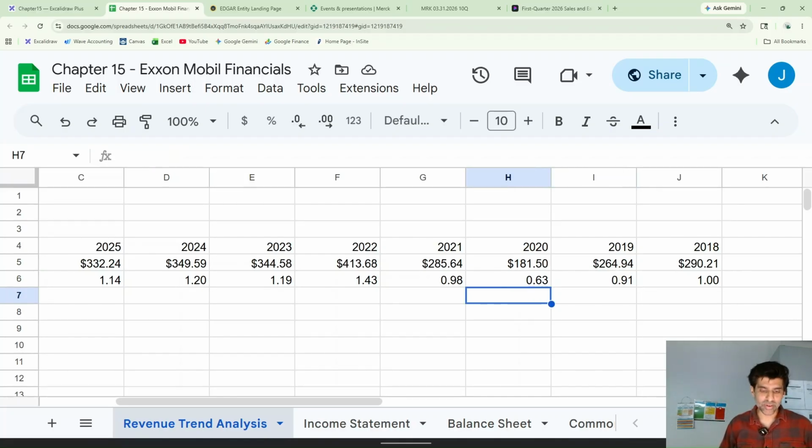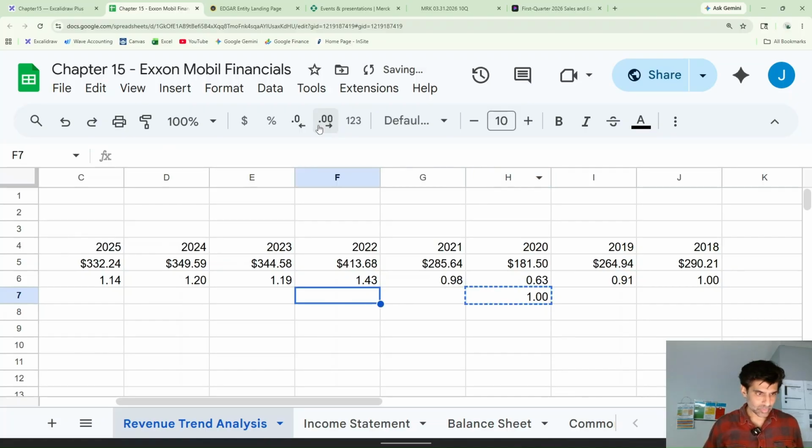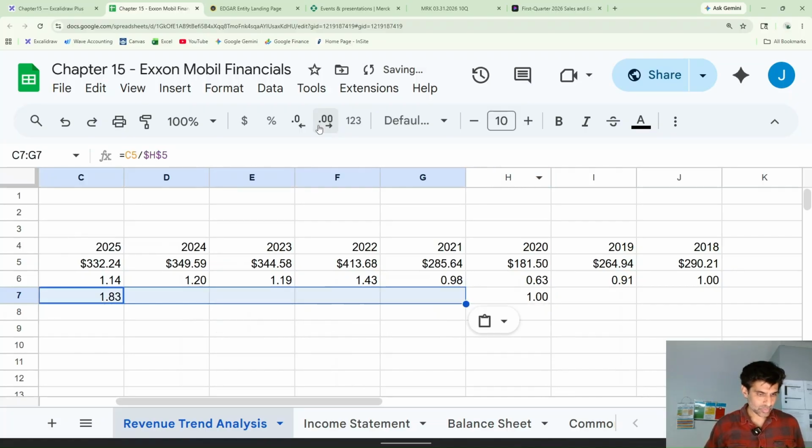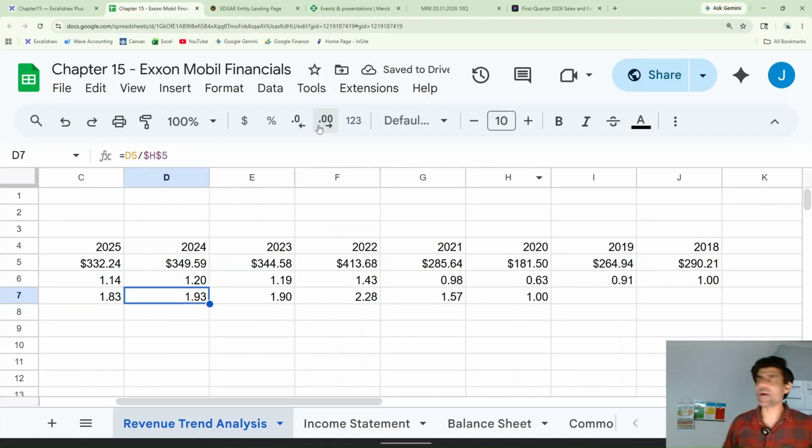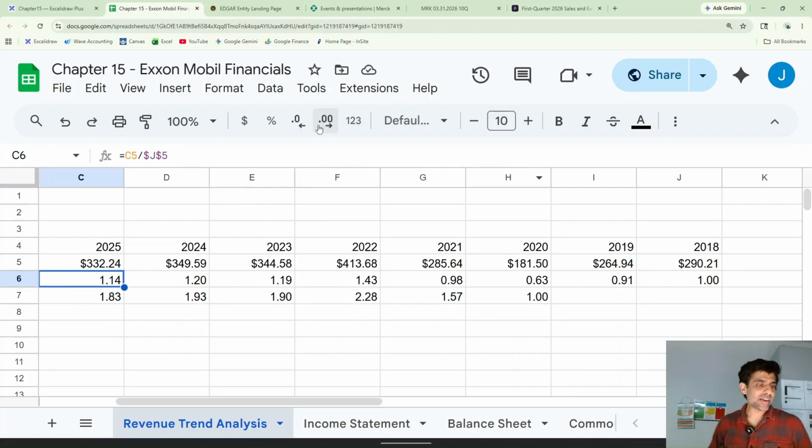If I change the base year to 2020, then in this case I could say revenues are up 14% from 2018. Using the exact same numbers, but just changing the base year, I can now say revenues are up 83% from 2020.